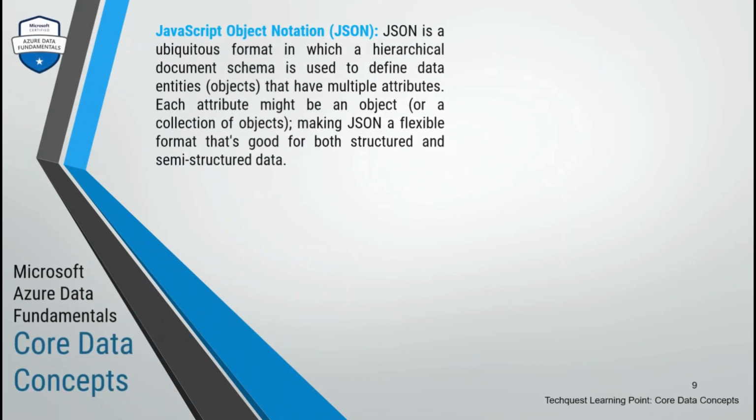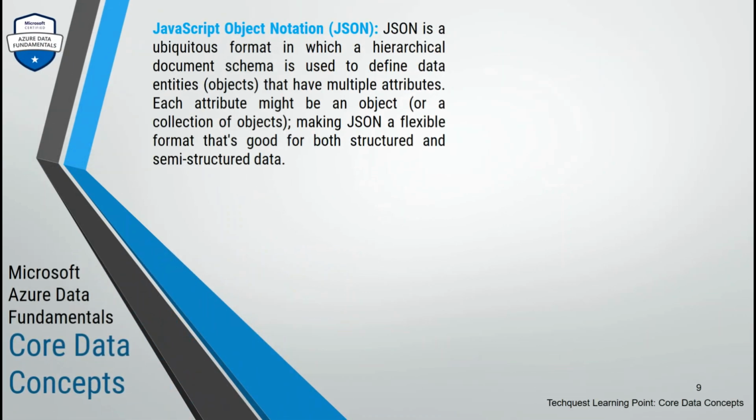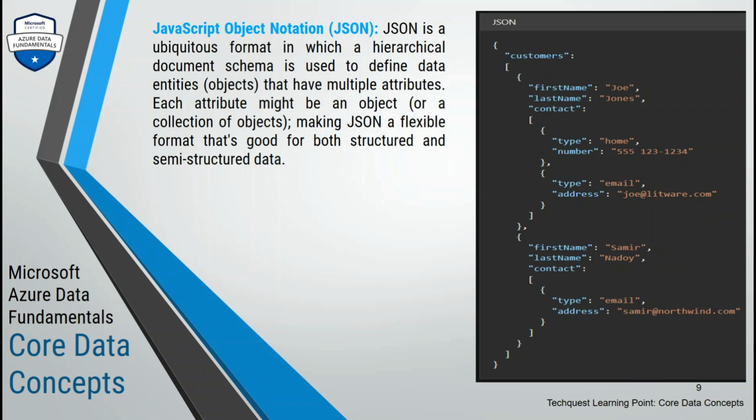JavaScript Object Notation, JSON. JSON is a ubiquitous format in which a hierarchical document schema is used to define data entities, objects that have multiple attributes. Each attribute might be an object or a collection of objects, making JSON a flexible format that's good for both structured and semi-structured data. The following example shows a JSON document containing a collection of customers.